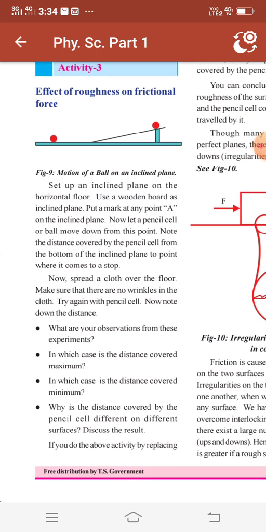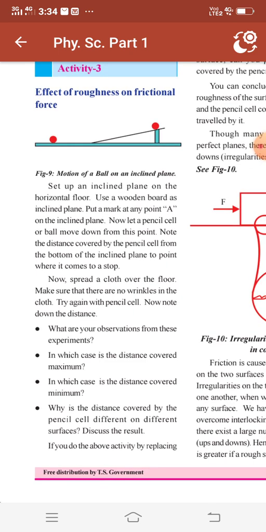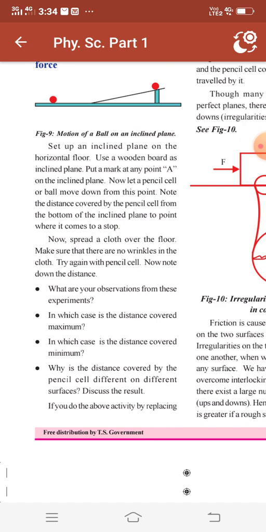What are your observations from this experiment? In which case is the distance covered maximum? In which case is the distance covered minimum? Why? Is the distance covered by the pencil cell different on different surfaces? Discuss the result.